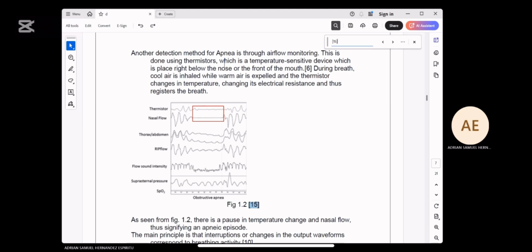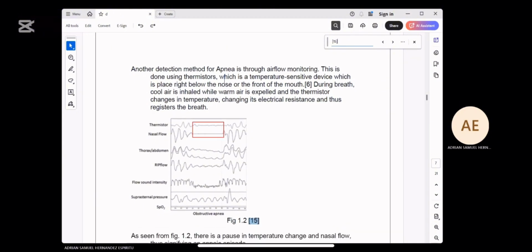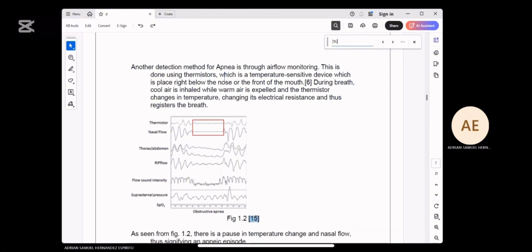And for my 9th and final reference, I'll be talking about my source 15, which is a research paper done by individuals, Abdul Kabir and Caroline Marine, about the diagnosis of sleep apnea without sensors on a patient's face.